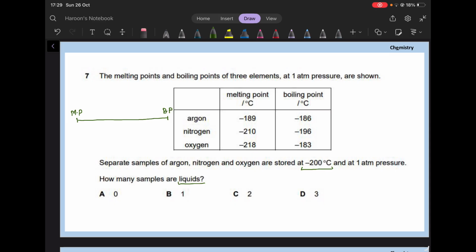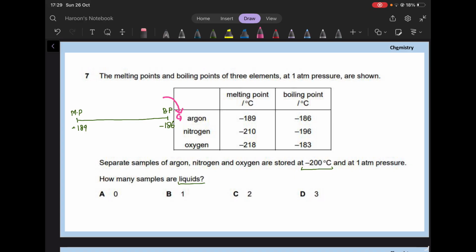For argon, its melting point is negative 189 degrees Celsius and its boiling point is negative 186 degrees Celsius. If the temperature is above negative 186, it would be in a gaseous state because it would have boiled.